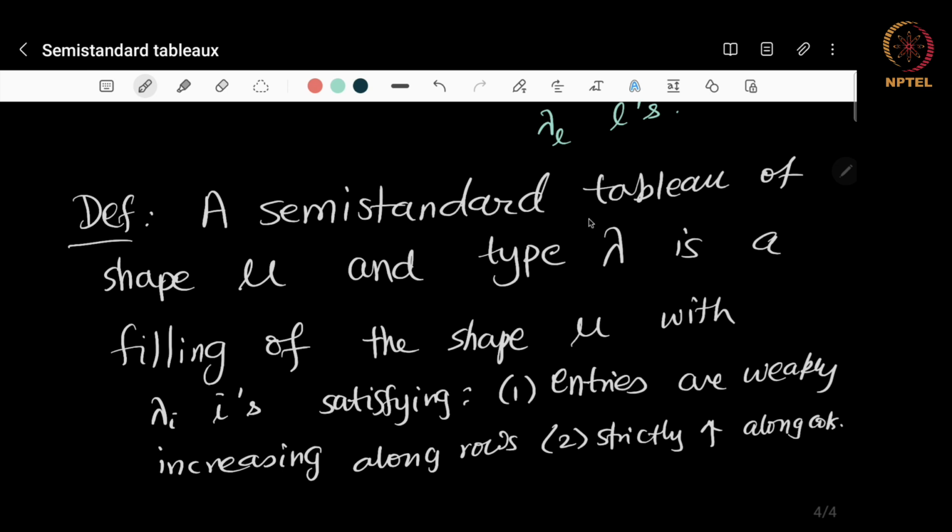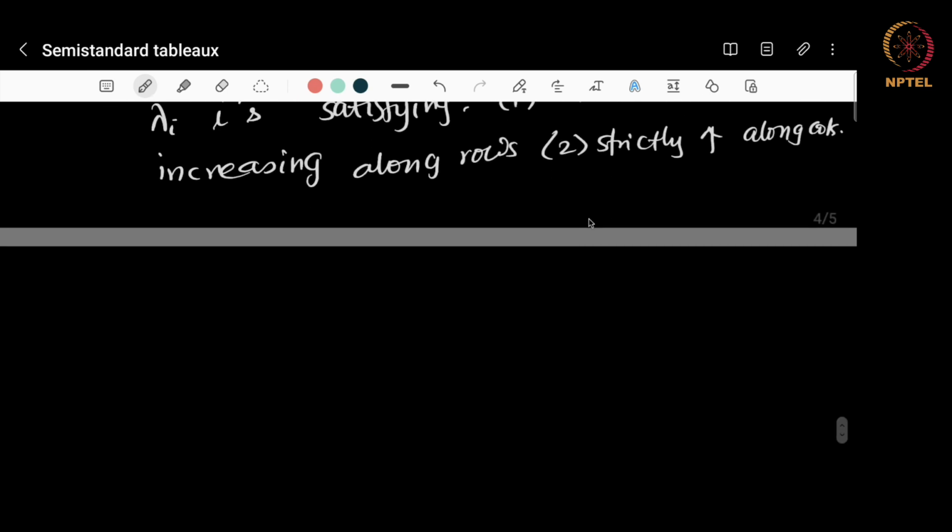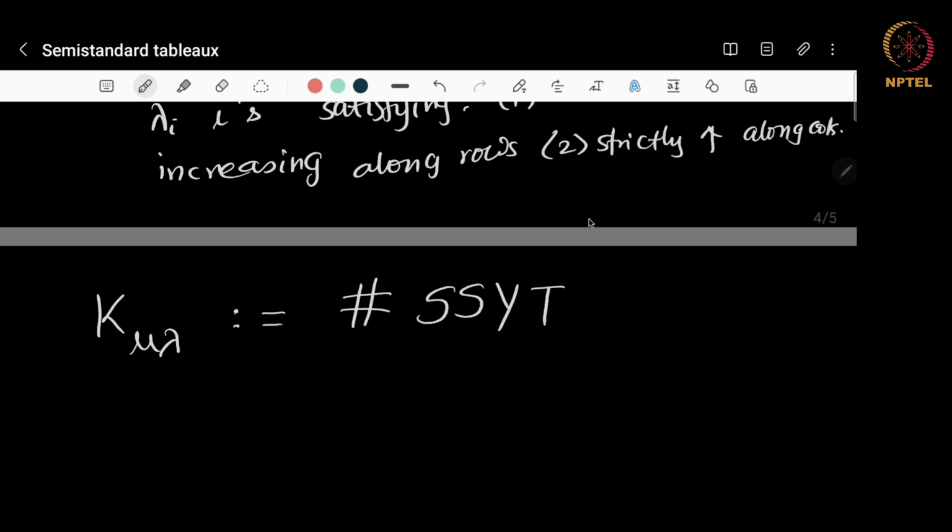So what this means is that what we have just shown is that K mu lambda, this Kostka number, is the cardinality of the set of semi-standard Young tableaux of shape mu and type lambda.